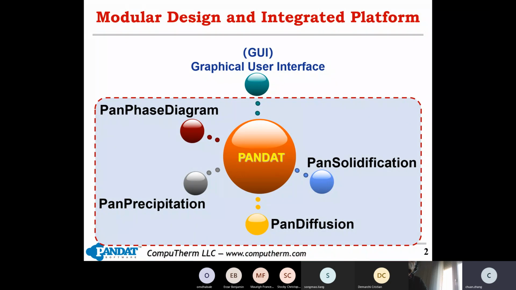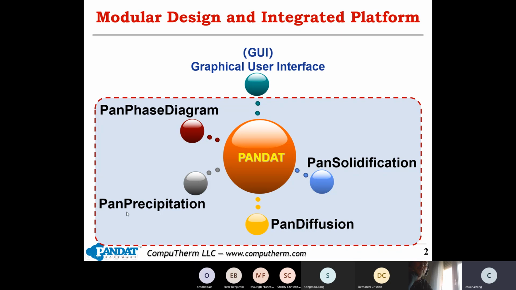Also, you can see we call this an integrated platform. We use a modular design methodology. Right now, our software has several modules. The phase diagram module is for phase diagram calculation and thermodynamic property calculation.